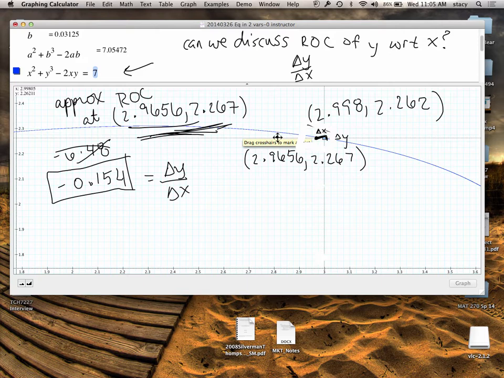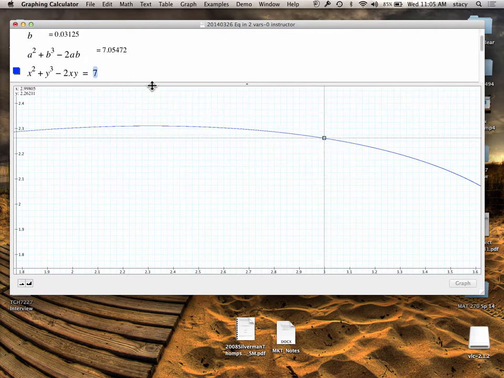Now, earlier, some of you guys sounded like you really, really wanted to have y in terms of x, right? So let's think about that for about 0.2 seconds, okay? If I look at the equation relating x's and y's, how easy is it to solve for y in terms of x?